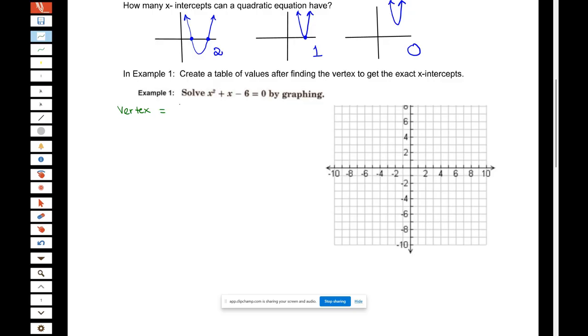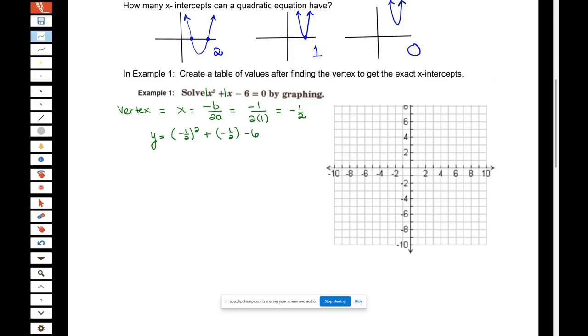So the x-coordinate of the vertex is negative b over 2 times a. b is 1, so it's negative 1 over 2 times 1, since a is 1, which is negative 1/2. To get the y value, we plug in the x we just got: negative 1/2 squared plus negative 1/2 minus 6.